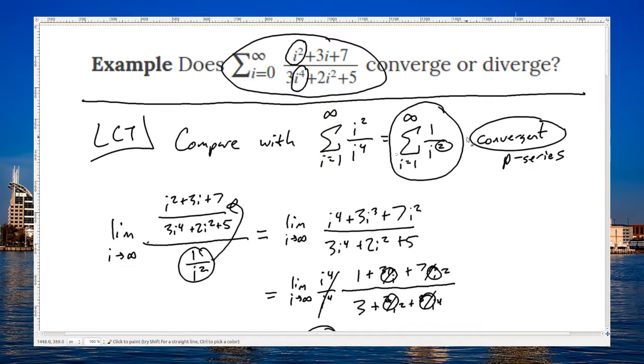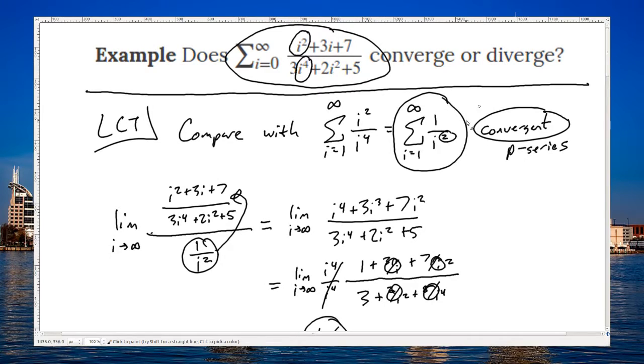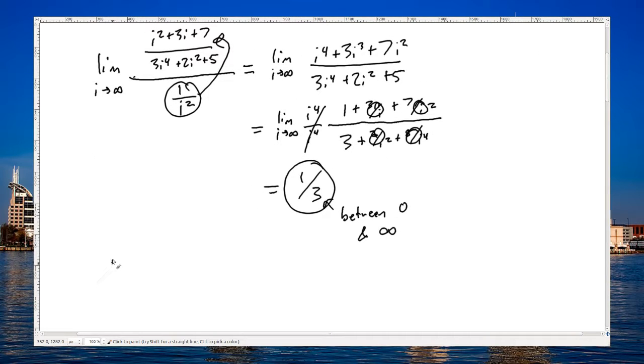Well, the idea is that if the comparison series was infinite, 1/3 of infinite is still infinite, so they would both diverge. Here it's convergent. I don't know what this converges to. You can prove it converges to pi squared over 6, but that's a lot of work. But we do know it converges to something because of the p-series test. So whatever that number is, this series is going to converge to roughly 1/3 of that. The important part is that because this converges to finite, this is 1/3 of finite, therefore it is also finite.